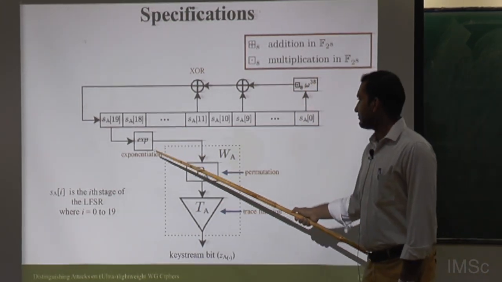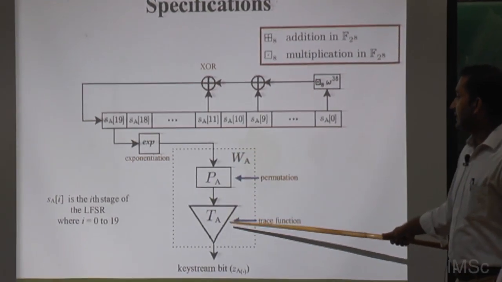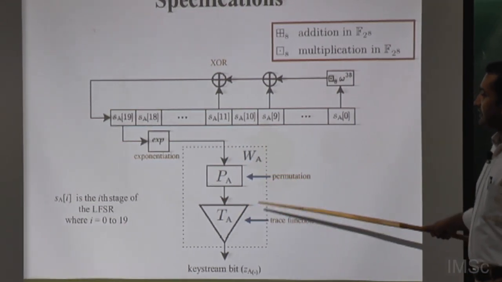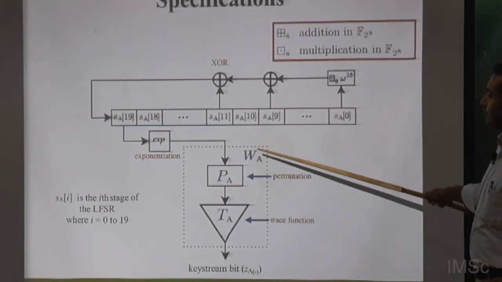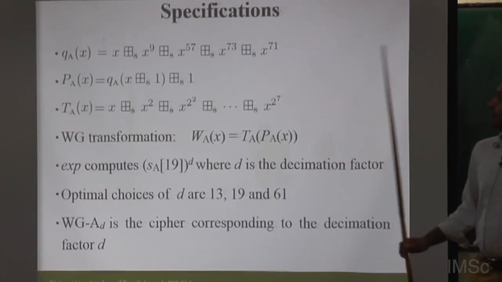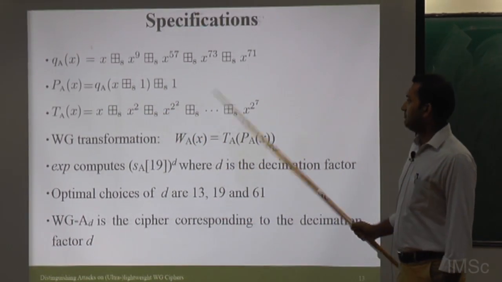This is an exponentiation function, and this is a permutation function, and TA is a trace function. The permutation function and trace function jointly form the transformation. These are the equations for the permutation and trace functions.